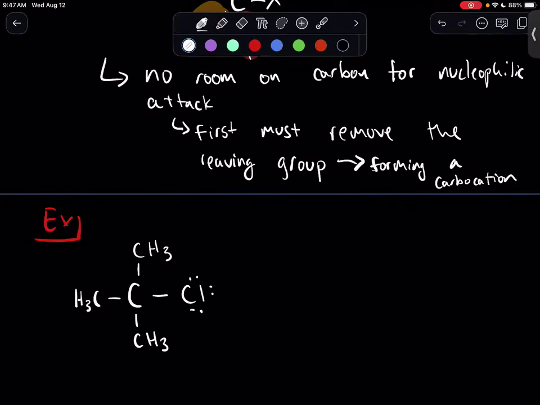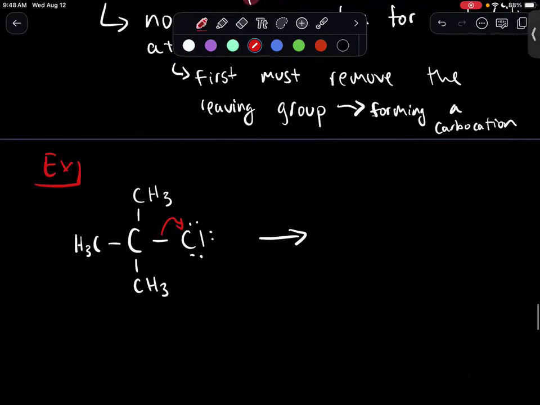With those, like we said, there's no room for that attack, and this is our first elementary step. What we have to wait for is just for, at some point, this bond to break and give its electrons to chlorine. This literally is something that you just have to wait to happen or provide enough energy into the system for this to happen, because once again, chlorine is far more electronegative.